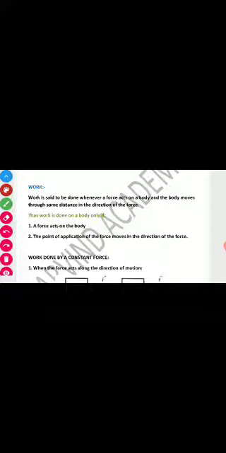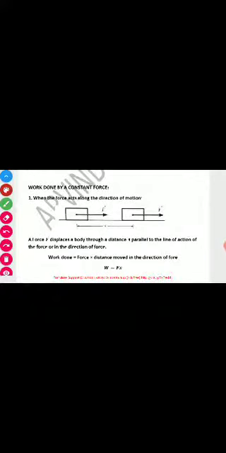Work is done on a body only if a force acts on the body, or the point of application of the force moves in the direction of the force. So this is the work done. In the next video we will discuss work done by a constant force and a variable force.